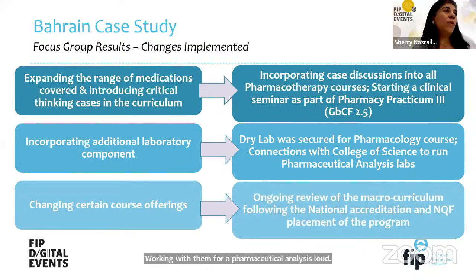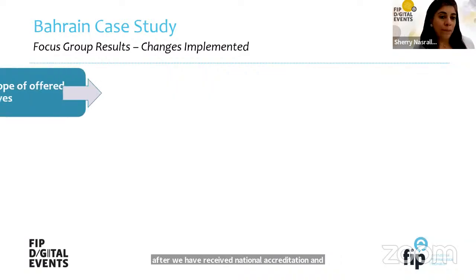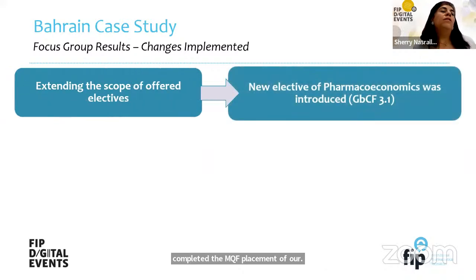The students also had ideas on changing certain course offerings, and this is an ongoing process now. We are reviewing our macro curriculum, particularly after we received national accreditation and completed the NQF placement of our program. Another thing is the students wanted to extend the scope of electives offered in the program.